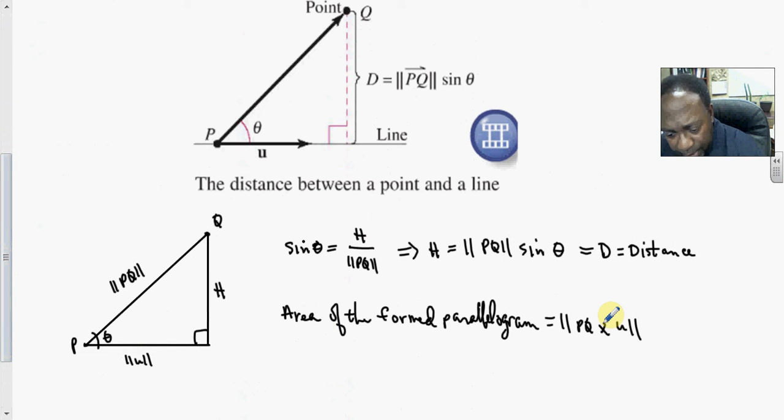But do you recall that the area is also the base?